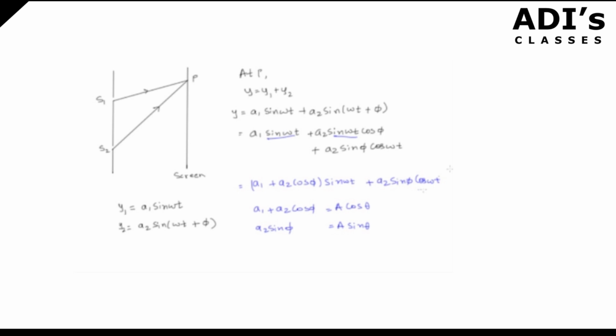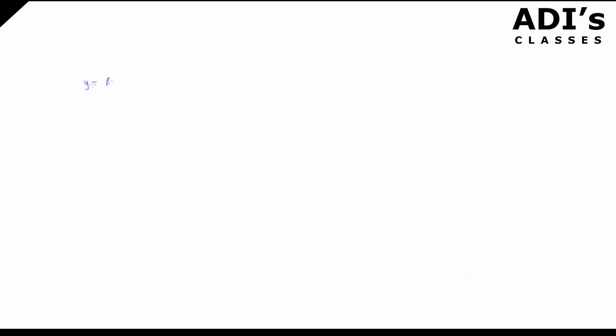So this is what we get, sine of A plus B. Now sine omega t we'll take common. So you'll end up with A1 plus A2 cos phi into sine of omega t plus A2 sine phi cos omega t. So this is what we get.